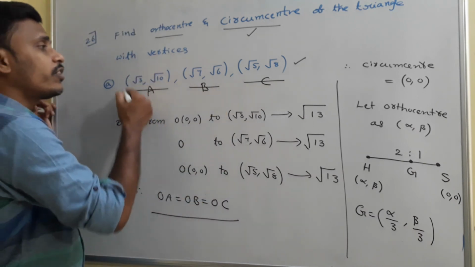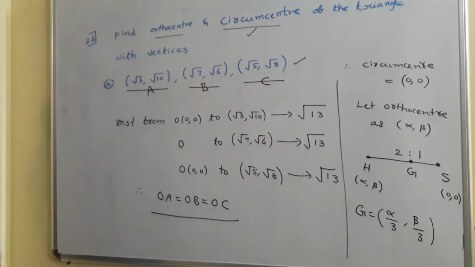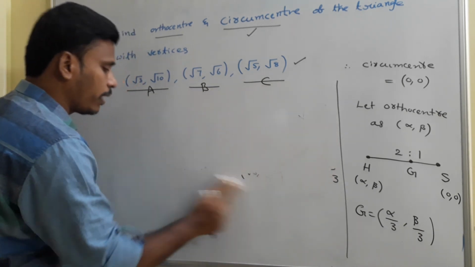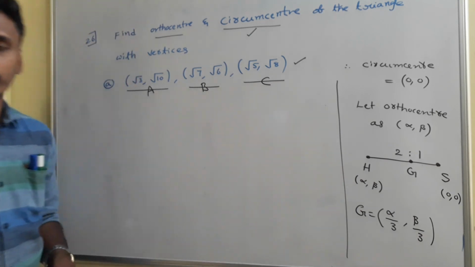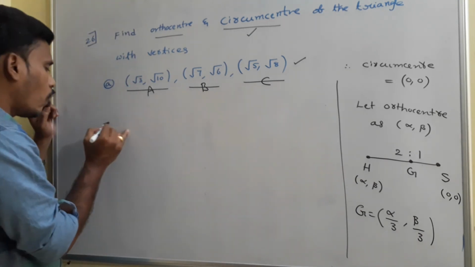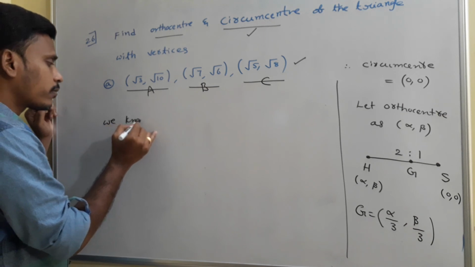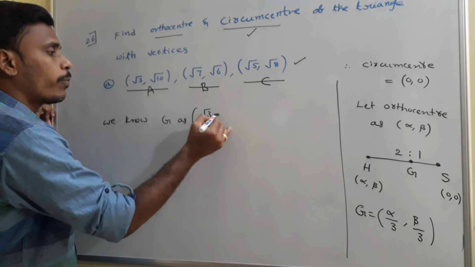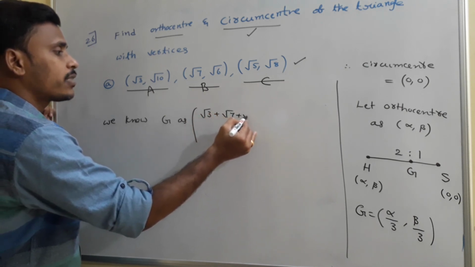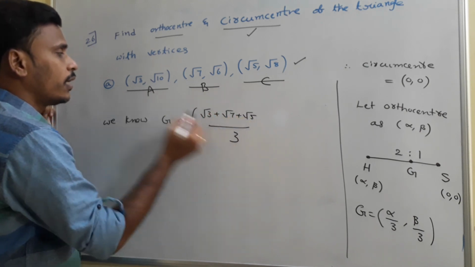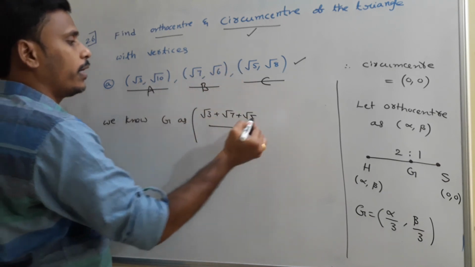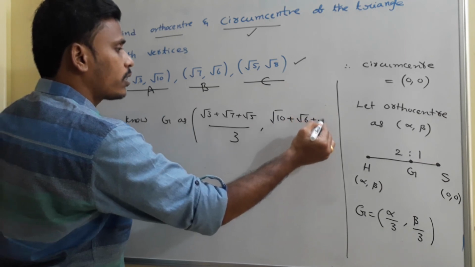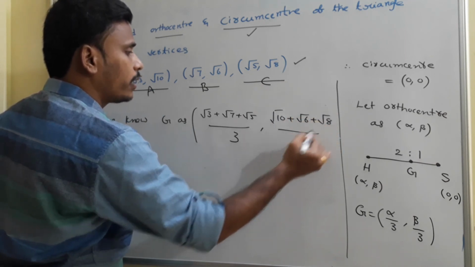But after having these three vertices, we are comfortable writing the centroid by the centroid formula: (x1 plus x2 plus x3) by 3, comma, (y1 plus y2 plus y3) by 3. So the centroid is (root 3 plus root 7 plus root 5) by 3, comma, (root 10 plus root 6 plus root 8) by 3.